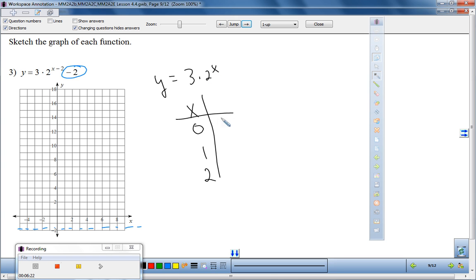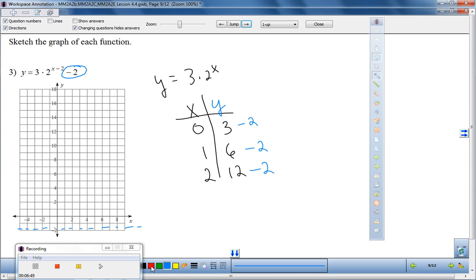Alright, so at 0, we're going to end up at 3. At 1, we're at 6. At 2, we put in 2 for x, so 2 squared is going to be 4. 4 times 3 gives us 12. Okay, now let's see the effects of this. The -2 moves it down, so -2, -2, -2, so it's going to shift it down.